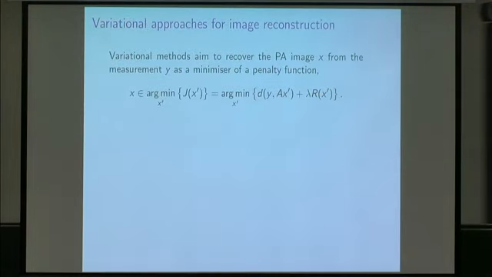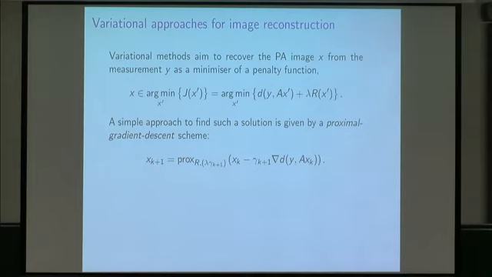A classical approach here is the variational reconstruction, where X is our photoacoustic image, so that's the initial pressure, Y denotes our time series, and we want to reconstruct our image as a minimizer of such a penalty function, where D is a data fidelity term and R enforces some kind of regularity to our reconstruction.